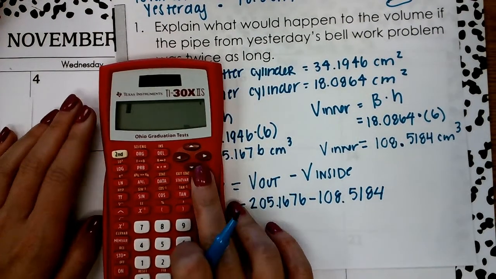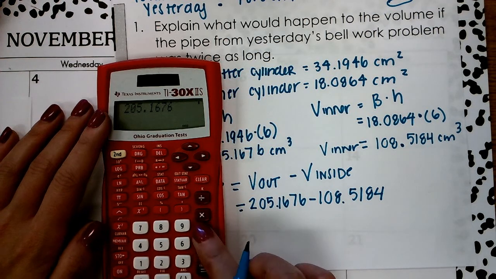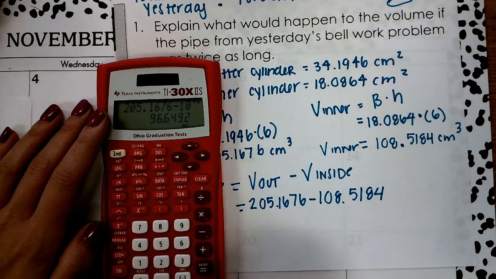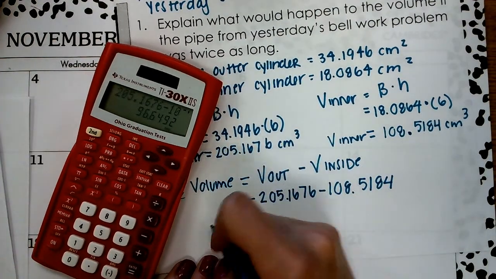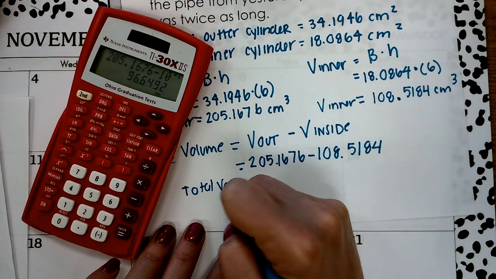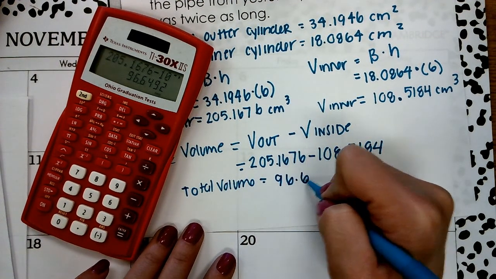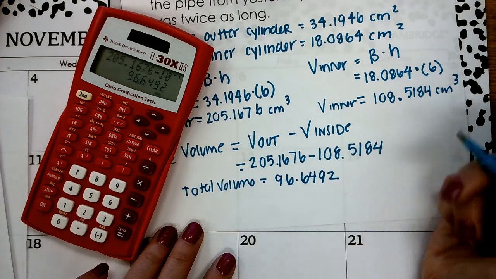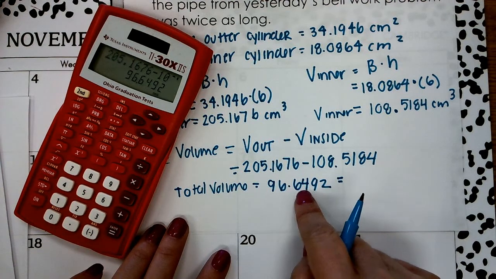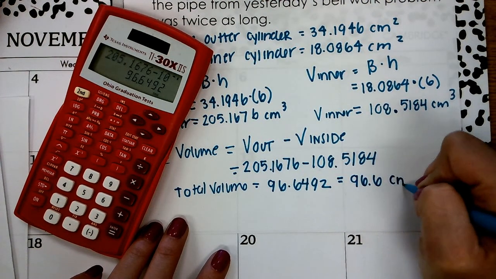Let's calculate this. We get that the total volume is equal to 96.6492, which, if we round to the nearest tenth, the 4 would keep the 6 as a 6. It would be 96.6 centimeters cubed.